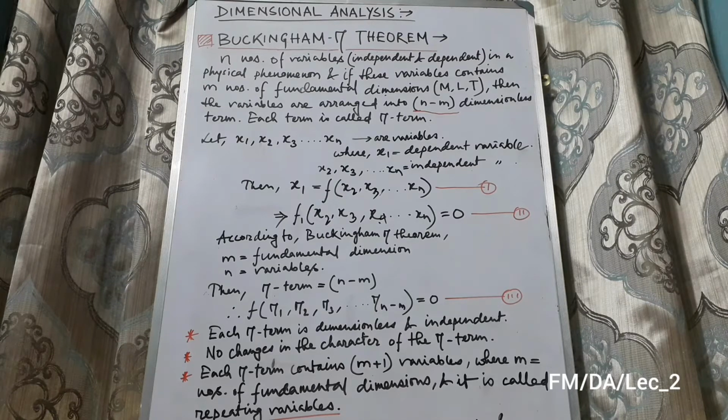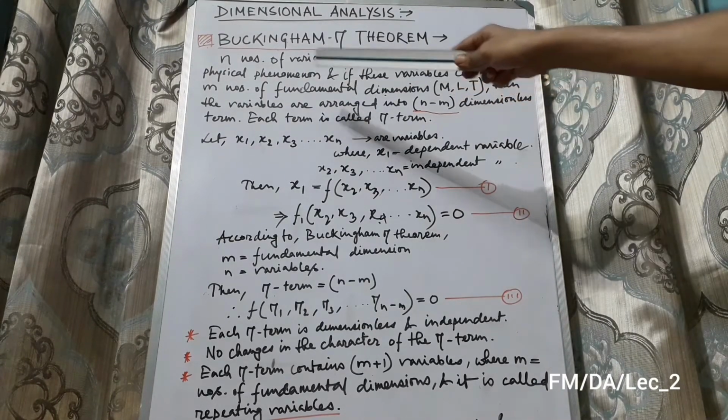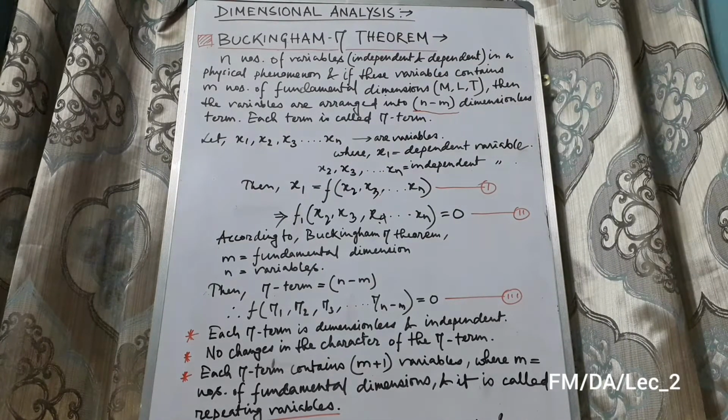In this method, n number of variables, including independent and dependent, in a physical phenomenon, and if these variables contain m number of fundamental dimensions, that is M, L and T, mass, length and time, then the variables are arranged into n minus m dimensionless terms. Each term is called a pi term.